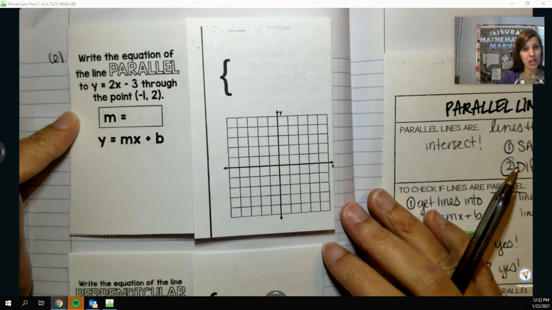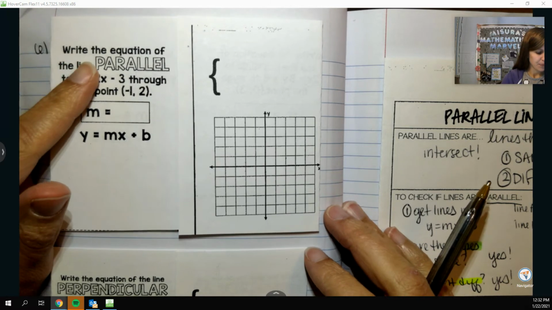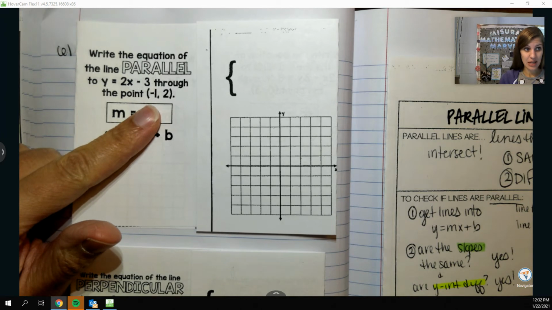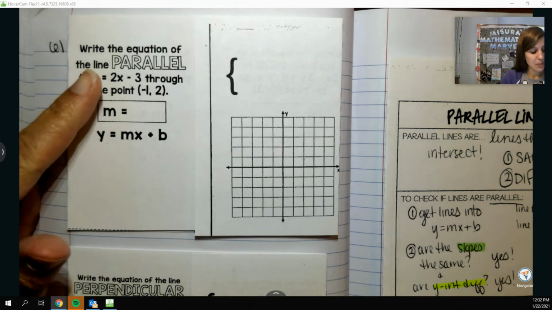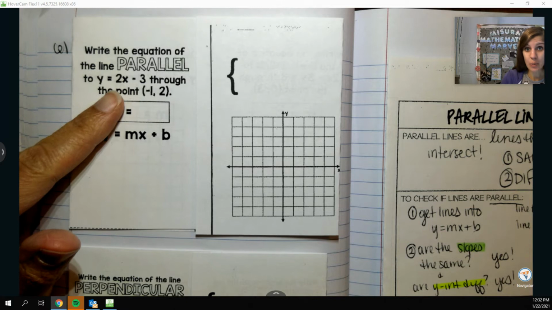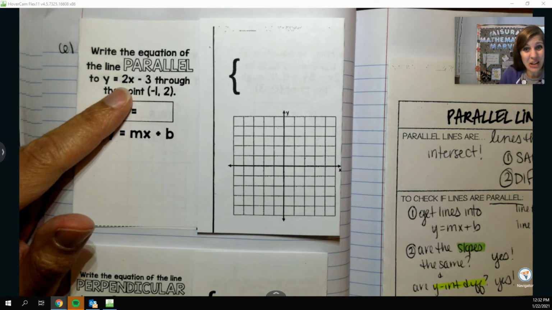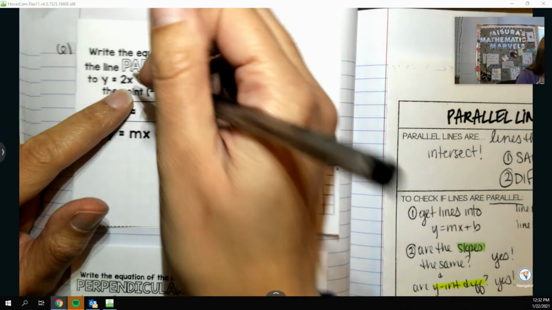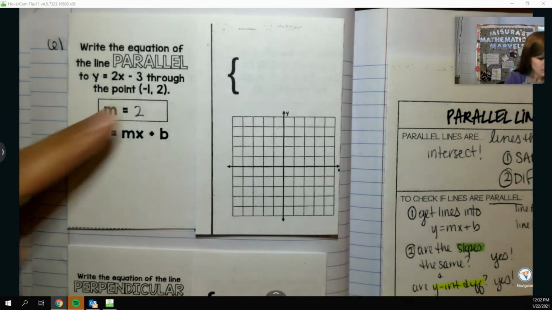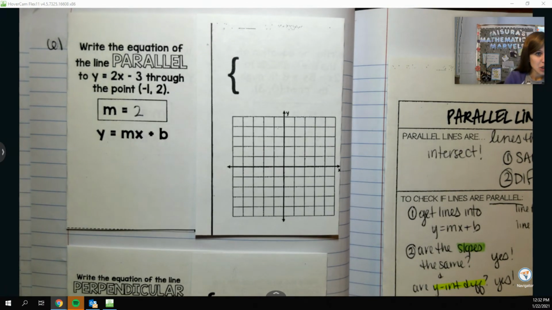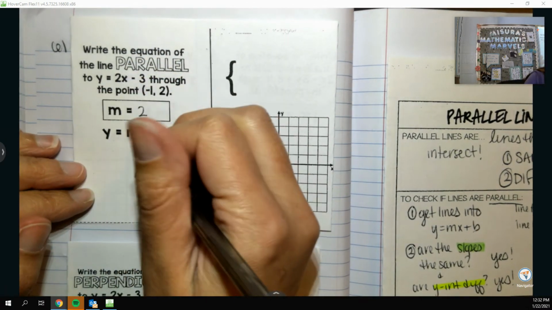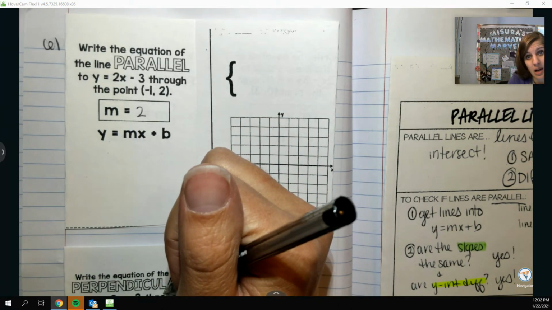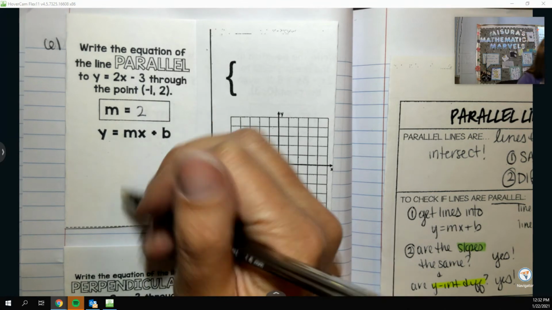Alrighty, so this question here is just like the one we just answered. So write the equation of a line parallel to this one through this point. So again, parallel to is just code for your slope is the same as this one. And we're so lucky, the slope is staring right at me. That's in y equals mx plus b. So that means my slope's going to be 2. And then we have this point here. So when I write my equation, if I want to write it as y equals mx plus b, that's fine, but I'm not going to do it right away. I'm going to put it in point slope form first.